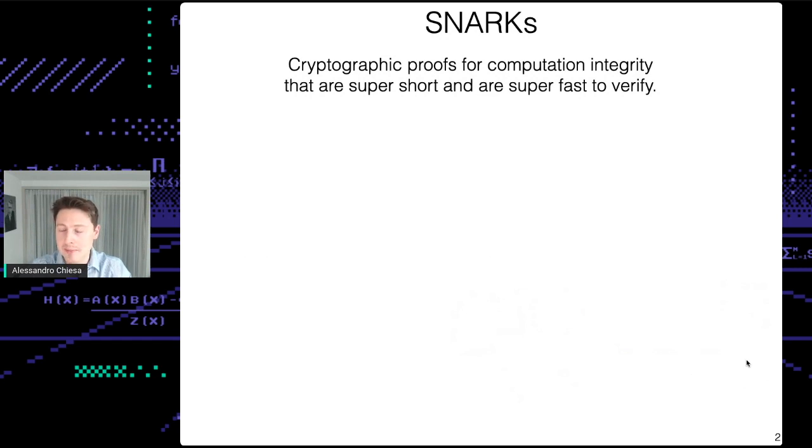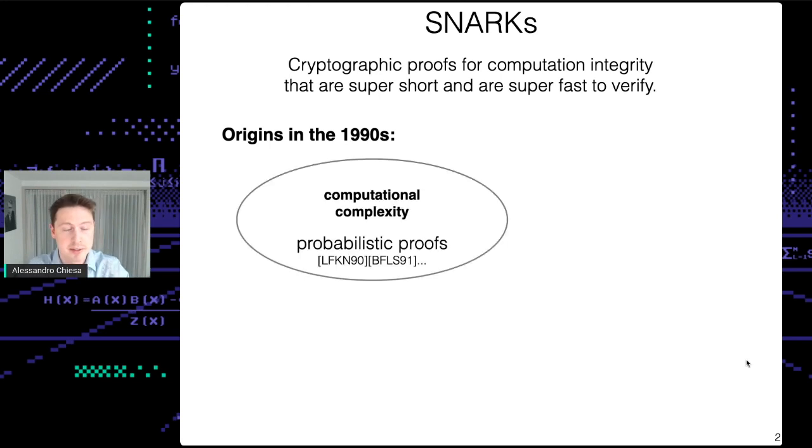So many of you are familiar with SNARKs. Nonetheless, the way I like to think about them at a high level is that they are cryptographic proofs for computation integrity. Okay, so the correctness of computations, with proofs that are super short and sometimes super fast to verify. From a technical perspective, they have their origins in the 1990s, and they sit at the intersection of two areas in computer science.